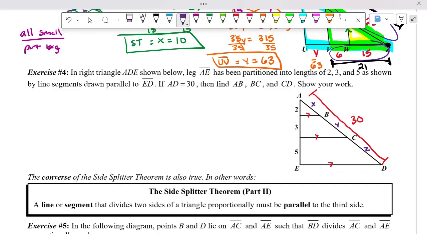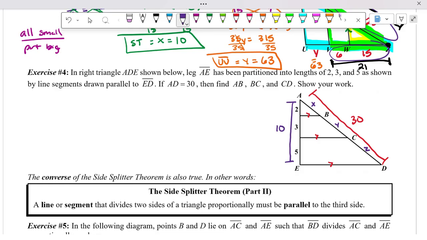So we have to use just similar triangles first. First off, what's the length of AE? Because we need that. The length of AE is 10.